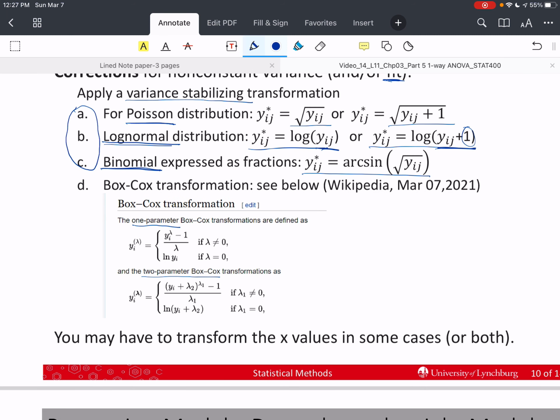Okay, and you may have to transform not only the y values, you may also have to transform the x values. Sometimes you can look at the shape and say, well, I should transform. Once you get used to these transformations, you say, oh, if I just transform the x values, I'll be fine. Or if I just transform the y values, I'll be fine. Or no, I need to transform both.